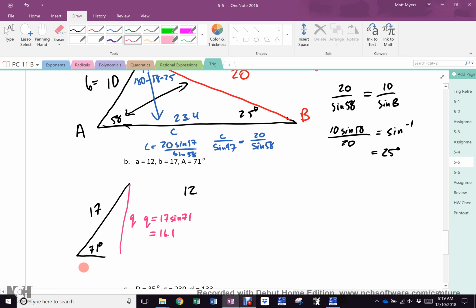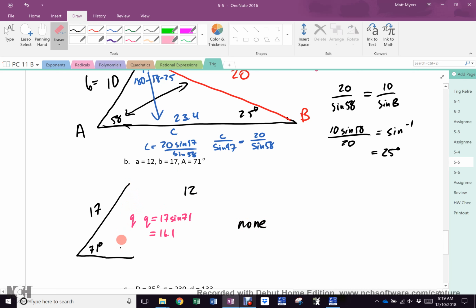Will it ever reach? No. Because Q down to here is 16.1. I only got 12 to work with. It's never going to reach, is it? So how many triangles is this? None. It can't happen. Everybody cool?